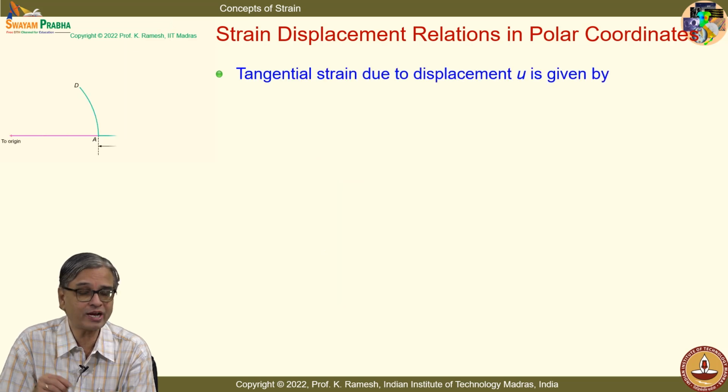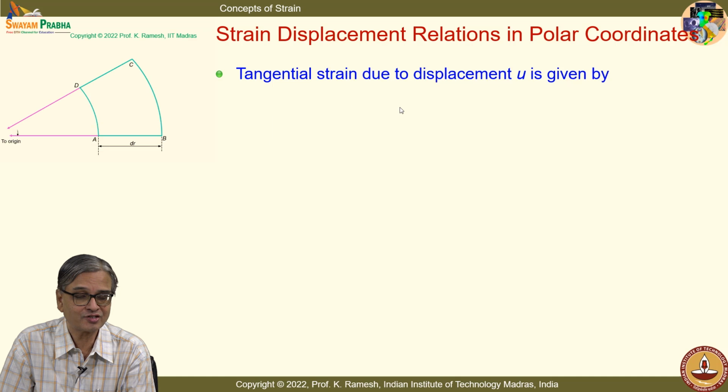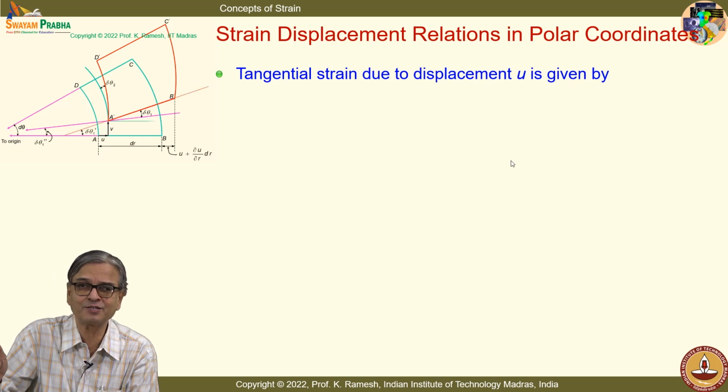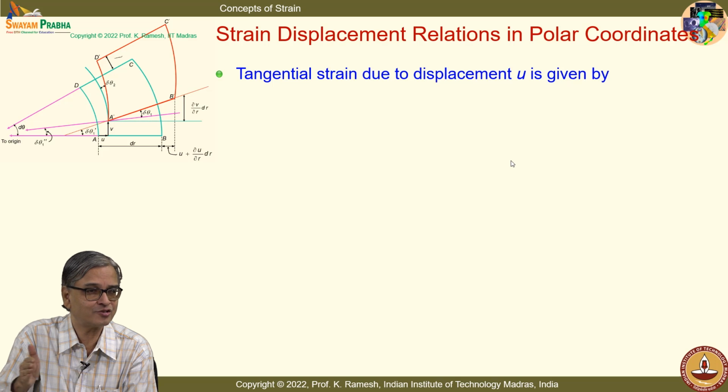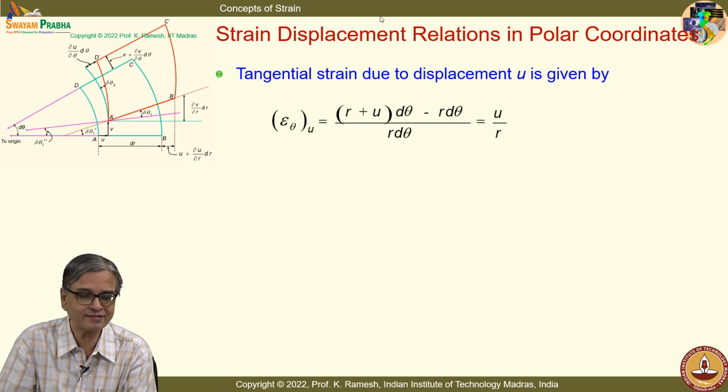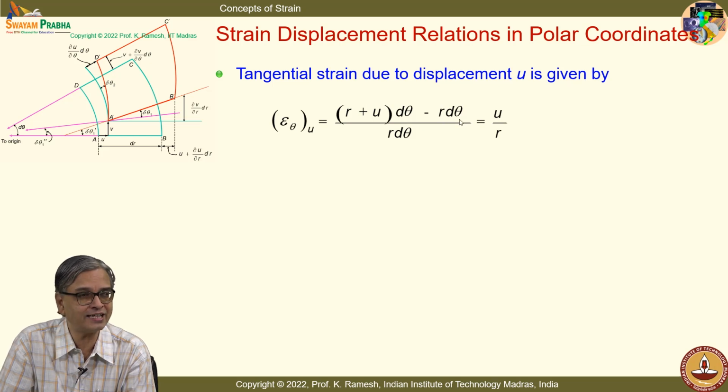And we have to look at the tangential strain due to displacement u, because when the radius elongates by distance u, the circumferential distance also changes. So you will have r plus u times d theta as the circumferential length. The original one was r d theta.